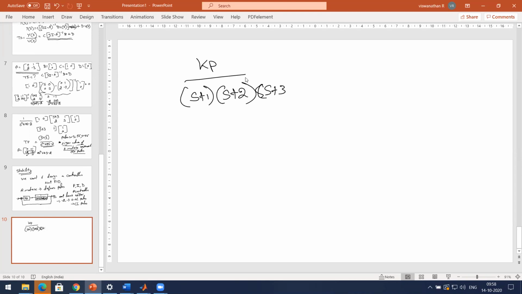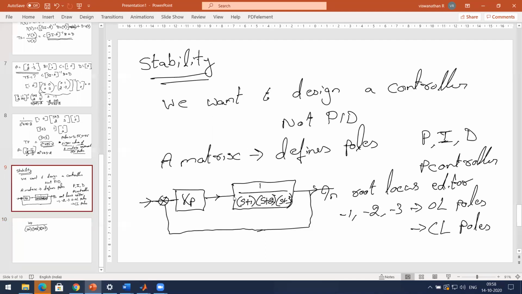Is this all? Is this the closed loop transfer function? Look at this and tell me what is the closed loop transfer function.